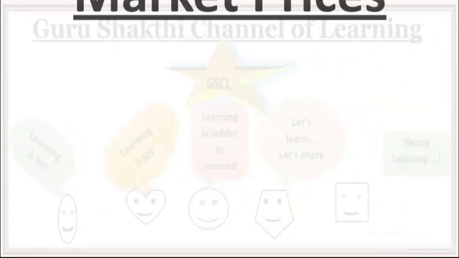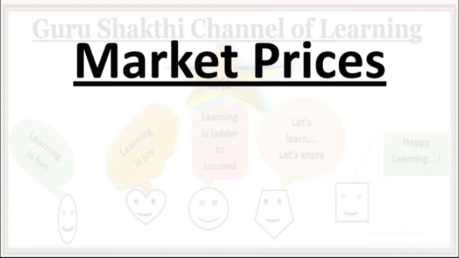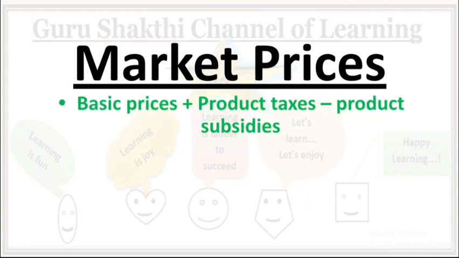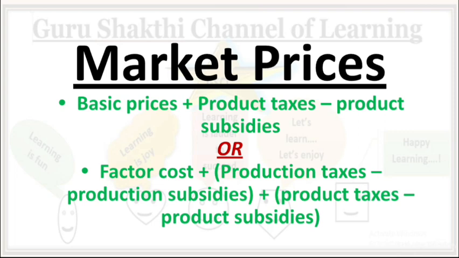Then how do we arrive at gross value added at market prices? By calculating it in terms of market prices. What are market prices? Market prices includes basic prices along with product taxes, excluding the product subsidies, or it is the sum of factor cost, net production taxes and net product taxes.